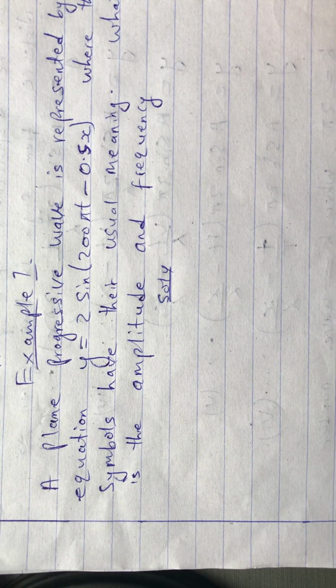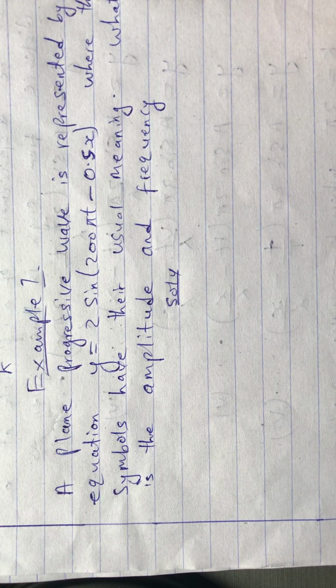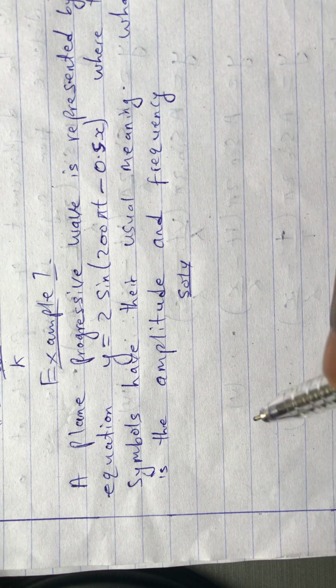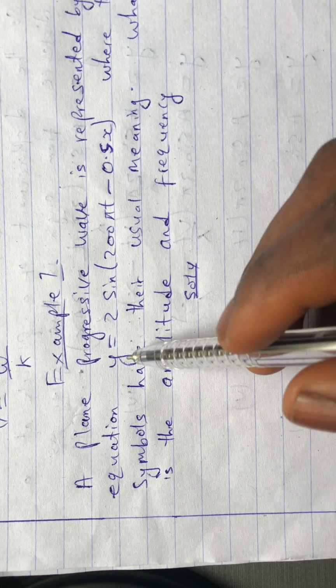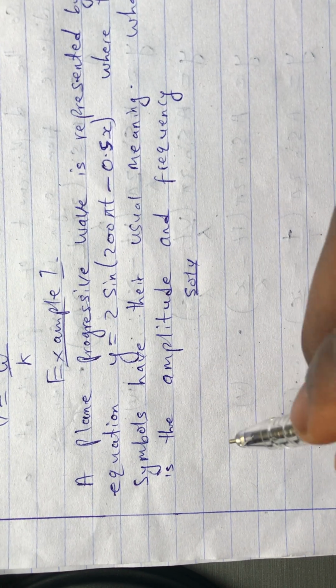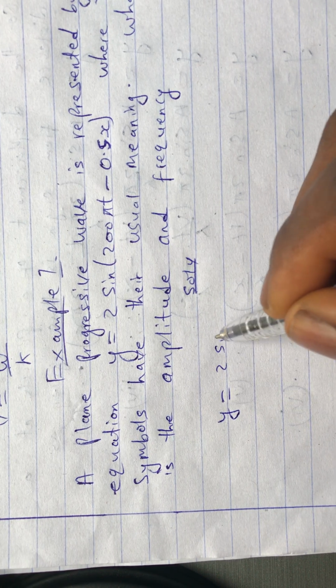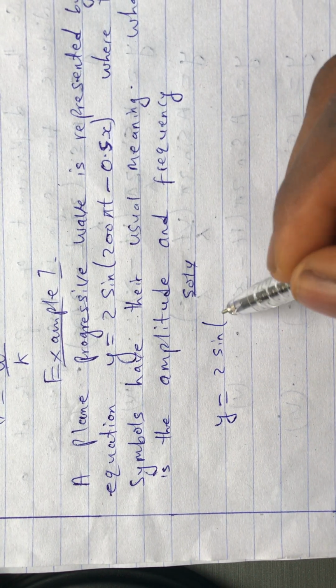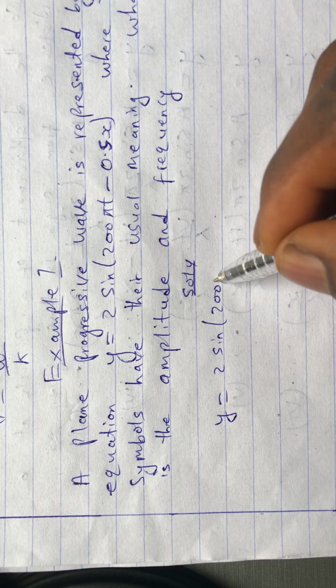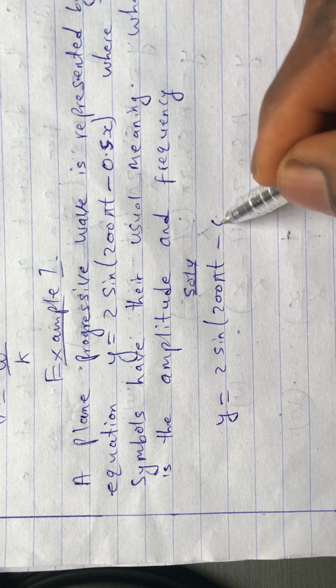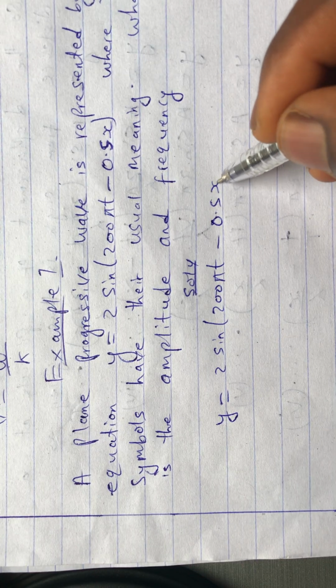Now, this is what you're going to do when you see this kind of question. They are giving us the wave equation: y equals 2 sine bracket 200 pi t minus 0.5x.